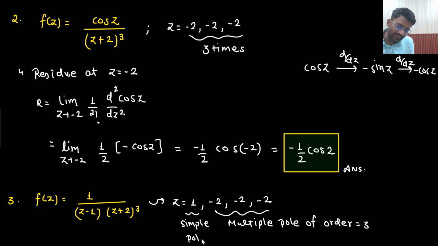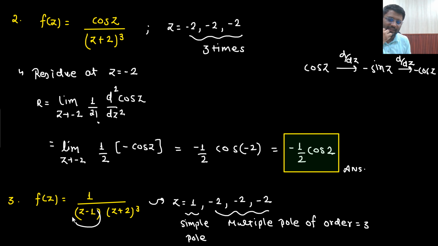So for a simple pole, what is the method? Residue at z equals to 1, that would be R1. He will say simply one thing: limit z tending to 1. Whoever is the problem, remove that. This guy is the problem, no? Remove that. You are finding at z equals to 1, so this guy is the problem.